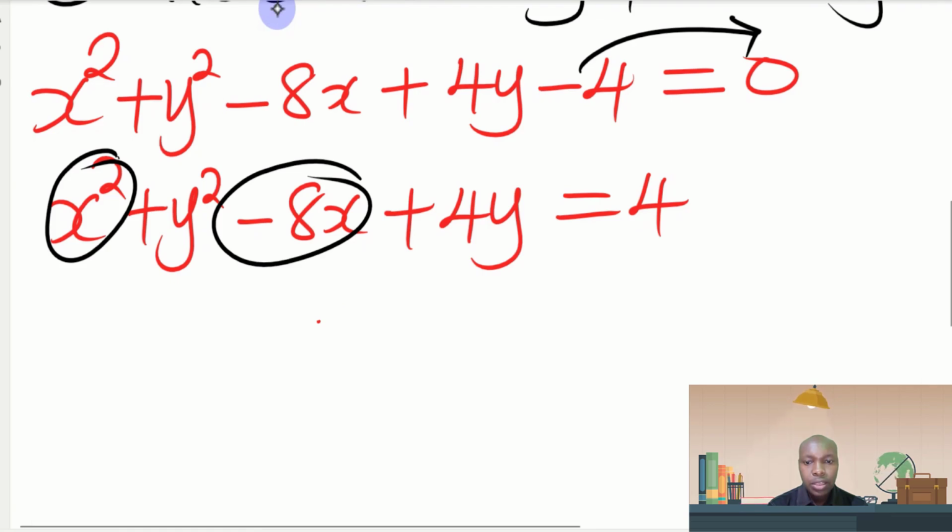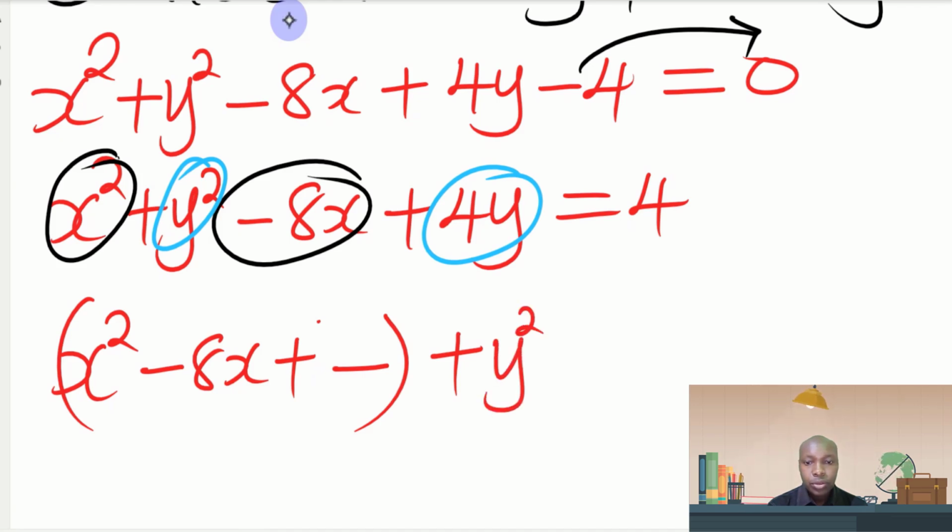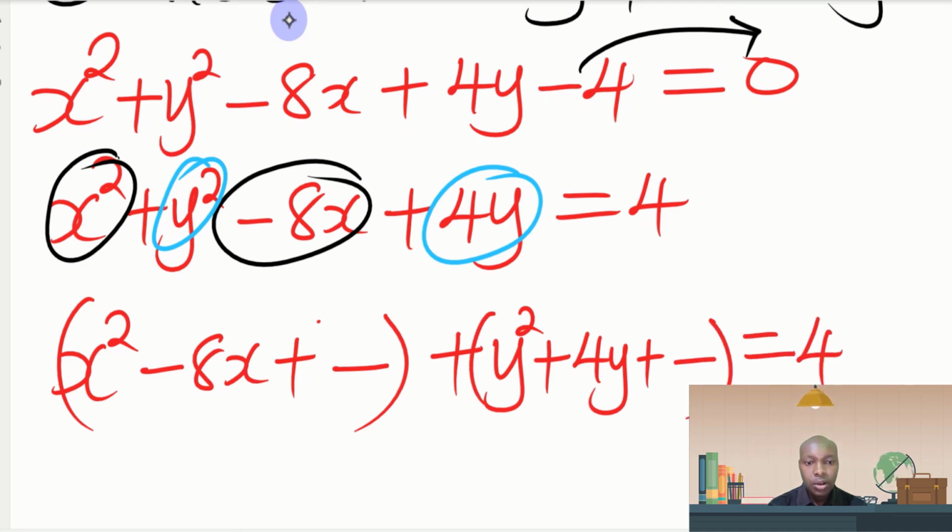So the x's, that is x squared together with 8x, and then we group y squared together with 4y, in order for us to complete these to make them perfect squares. So we collect these like terms. This is x squared minus 8x plus y squared, and then you can see we have to complete them, because they are not complete squares.